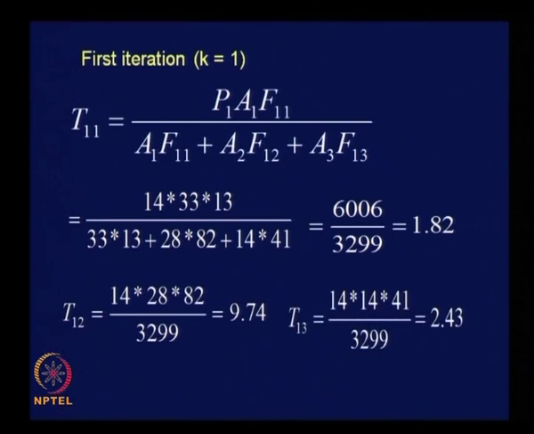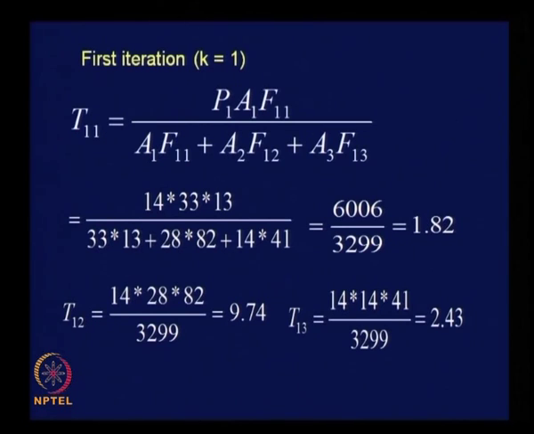And then T13 between 1 and 3, 14 into 14 into 41 whole divided by 3299, same denominator, which gives you a Tij value of 2.43. So T11 1.82, T12 9.74, T13 2.43, that is our interest. This is the distribution of trips from zone 1 to the other zones.